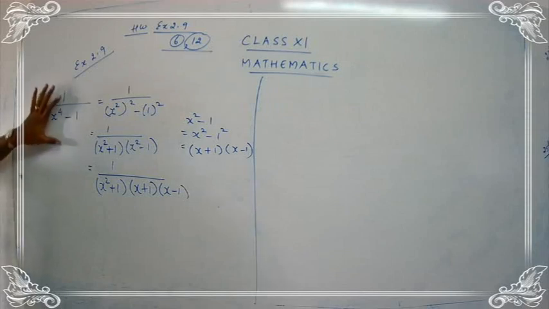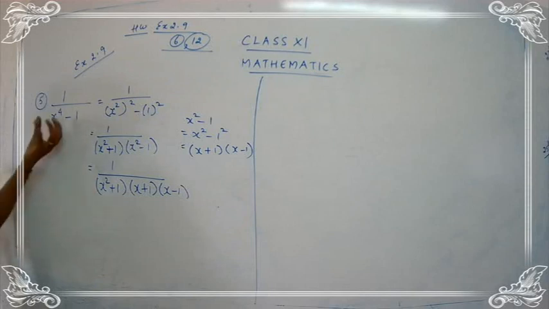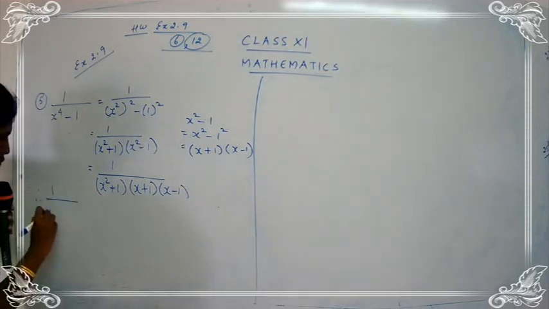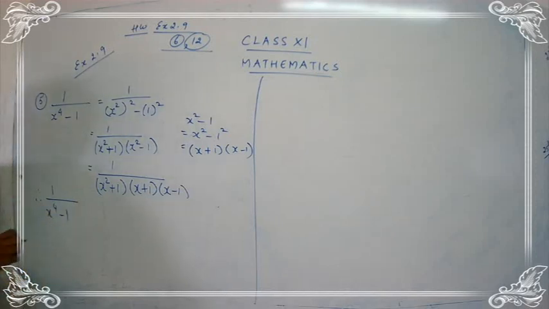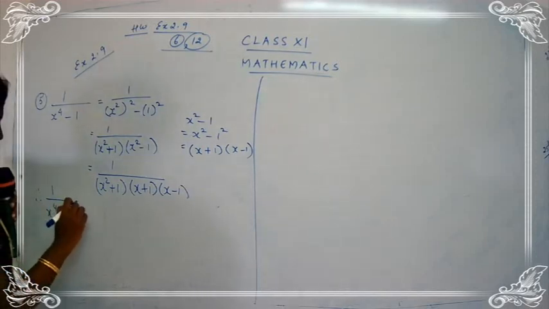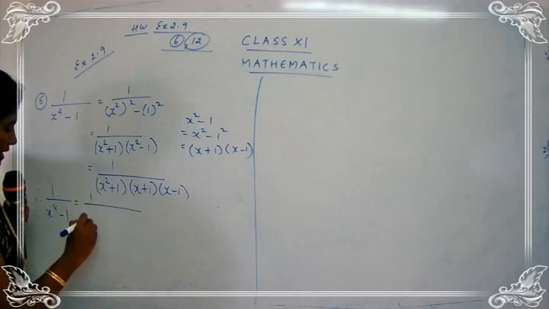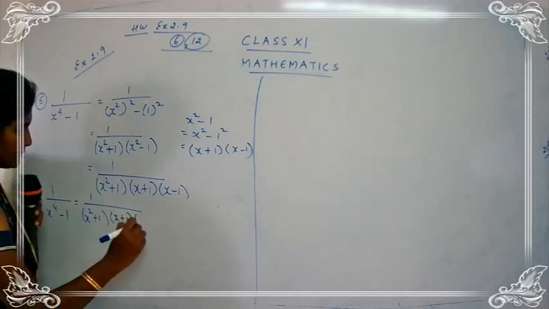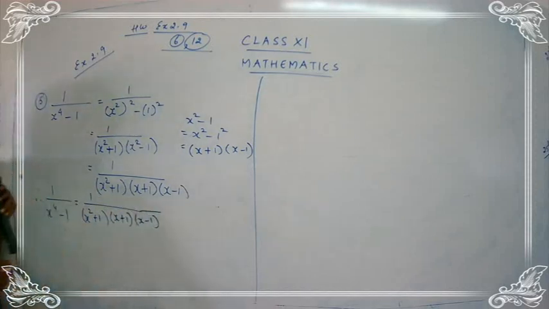So we have found the factors of x raised to 4 minus 1. I'll write down the statement: 1 upon x raised to 4 minus 1 is equal to 1 upon (x square plus 1)(x plus 1)(x minus 1). Is the step clear over here?